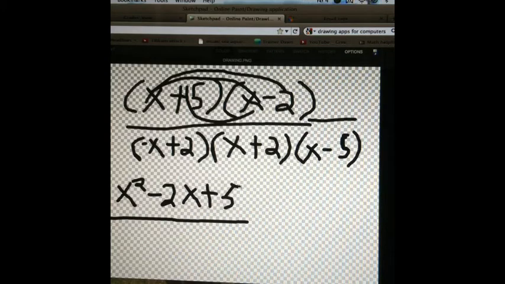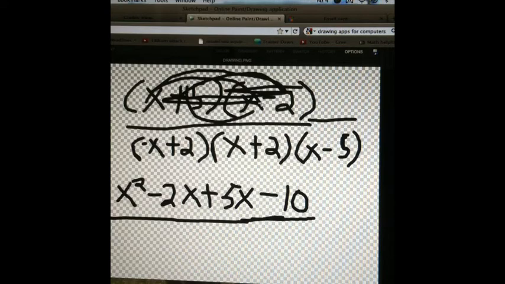Okay, so now we're going to do, let's see, 5 times negative 2. And that will give us a negative 10. So now we've distributed the top part of this fraction here by using FOIL.